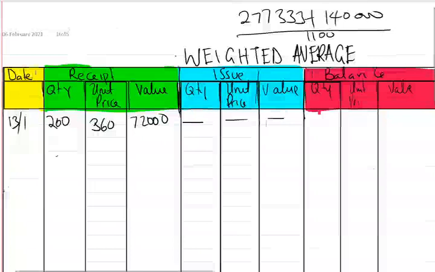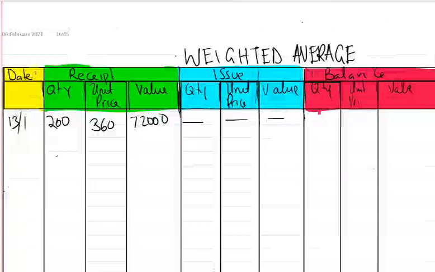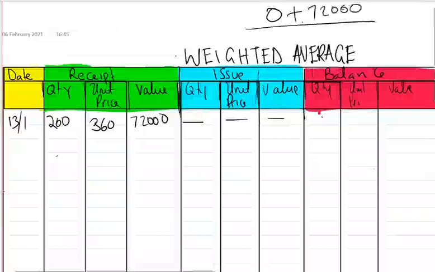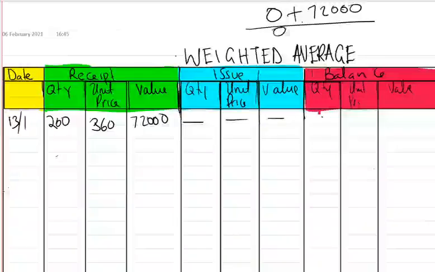So the question is, what is the quantity in stock right now? In stock, there's 0 right now. What is the value of the new receipt? 72,000. What is the quantity in stock? There are 0 units. What is the new receipt, the quantity?